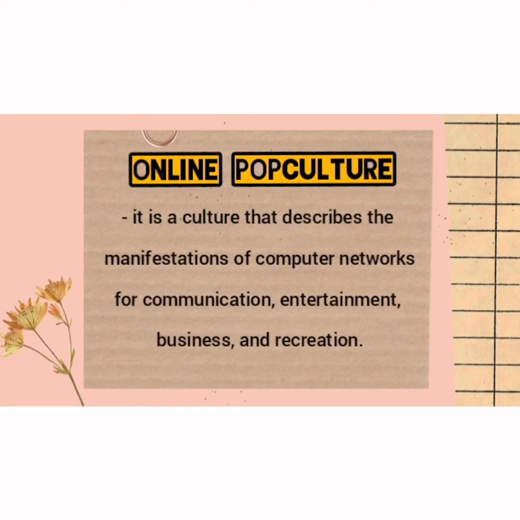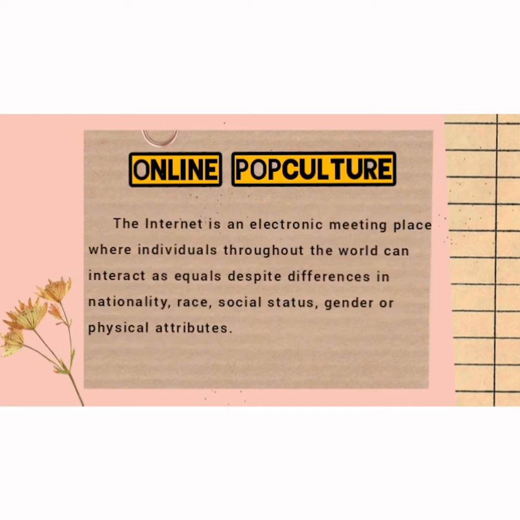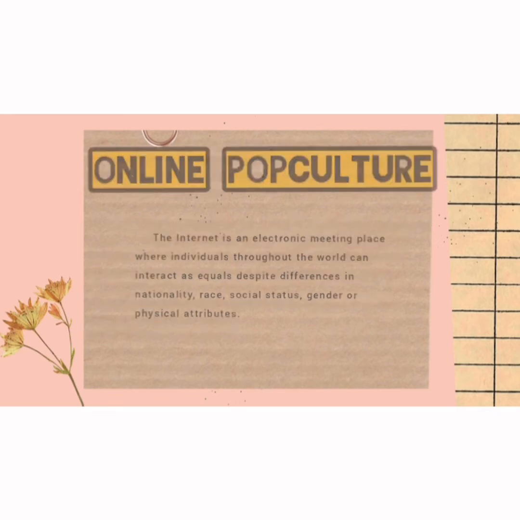Online pop culture is a culture that describes manifestations of the use of computer networks for communication, entertainment, business, and recreation. The internet is an electronic meeting place where individuals throughout the world can interact as equals despite differences in nationality, race, social status, gender, or physical attributes.